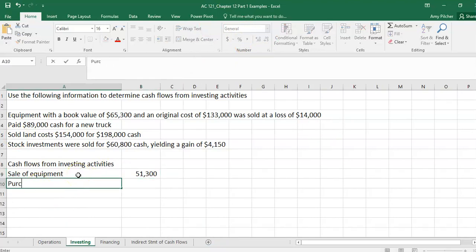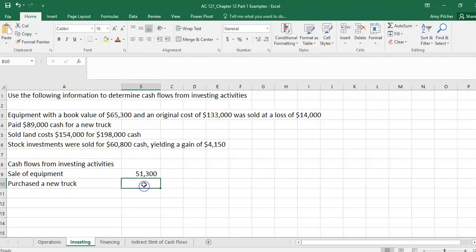We purchased a new truck with cash. We paid $89,000 in cash for the new truck. And we sold land that cost $154,000 for $198,000 in cash.